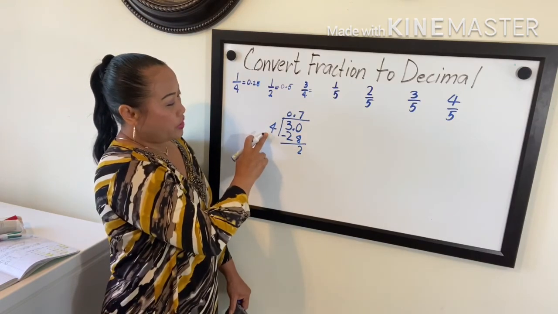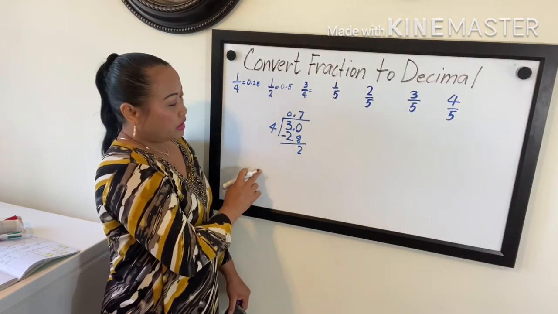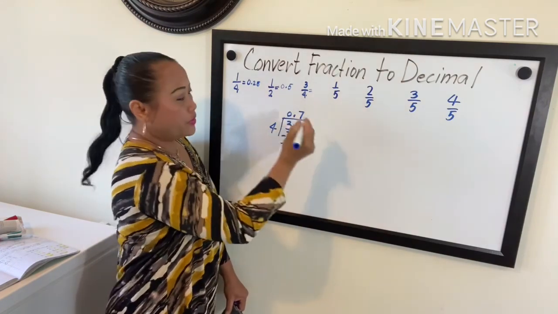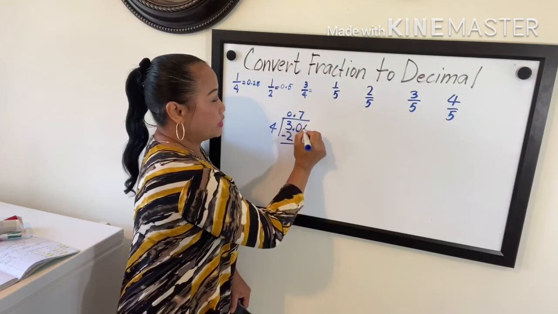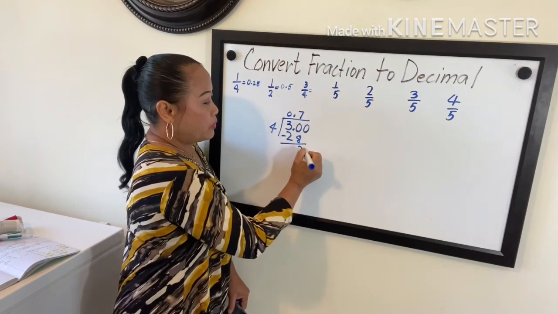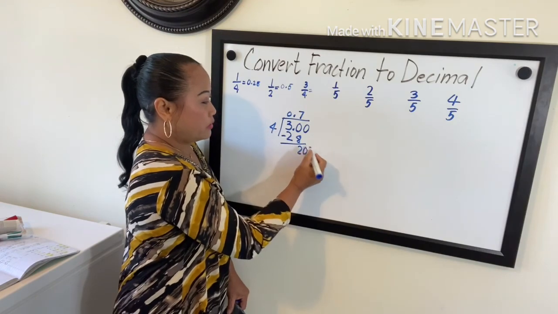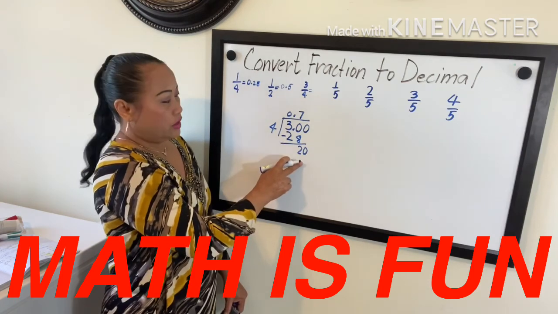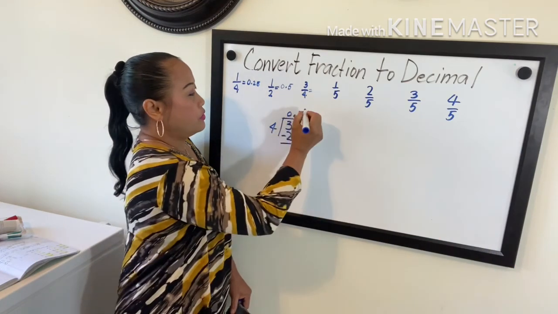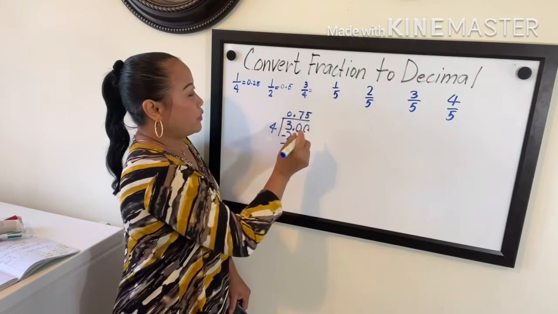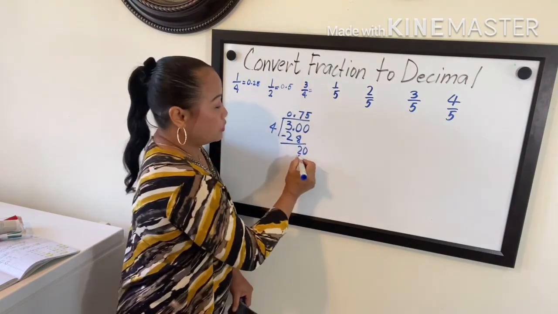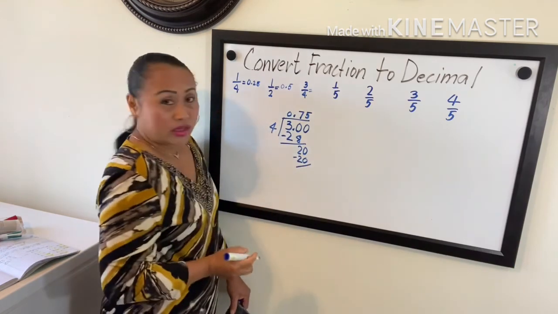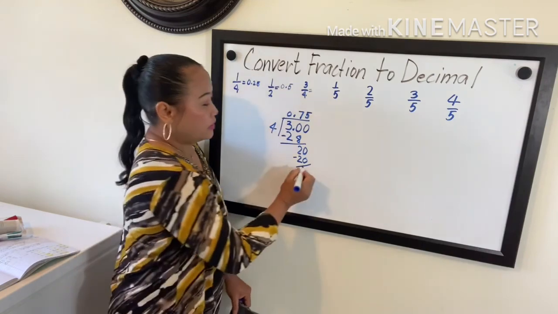2 divided by 4 cannot be. So we can't divide. We'll just add 0 into the dividend here. And then we will bring down here 2 straight. So now, how many 4 goes to 20? There are 5. 5 times 4 is 20. We'll subtract. 20 minus 20 is 0.